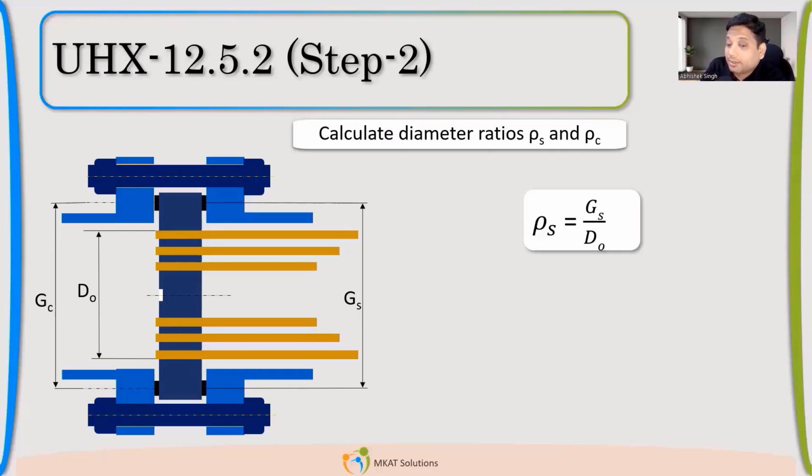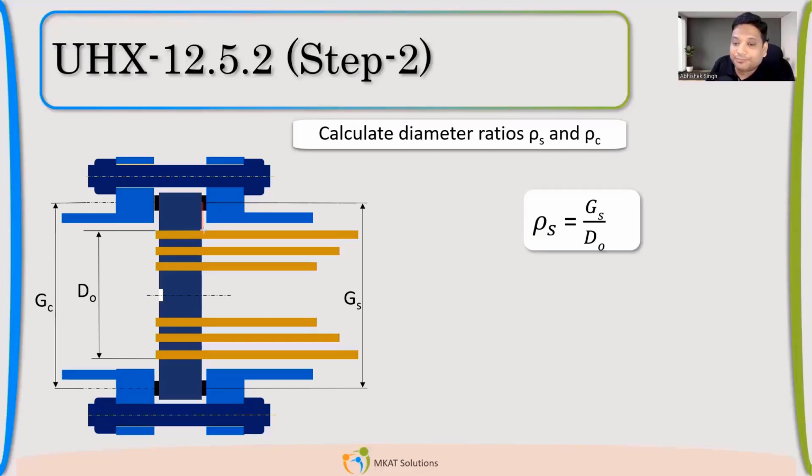So it is the ratio of GS divided by DO. DO is what? Outside tube limit, OTL. So basically it's the unperforated area that we are trying to calculate, the ratio of the unperforated area on the right hand side. If you analyze this equation, what we are trying to do is find out this area.